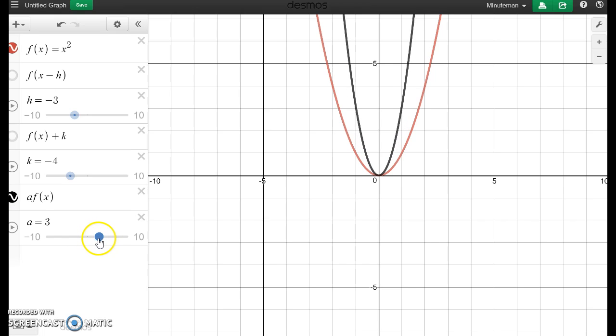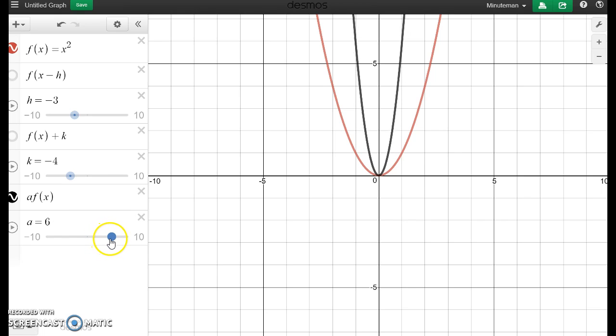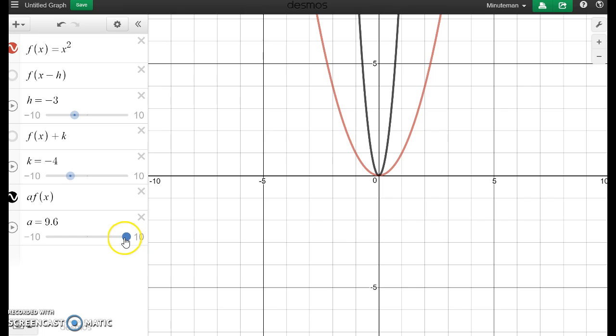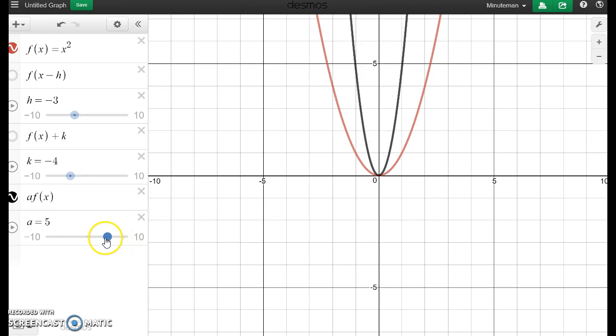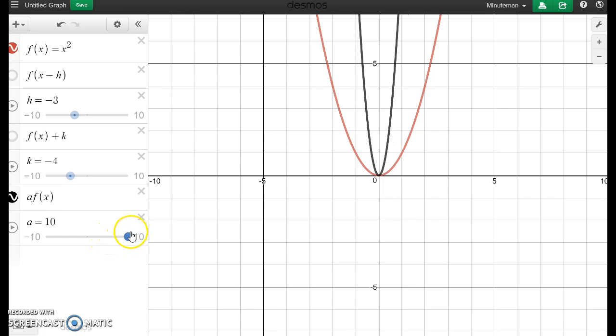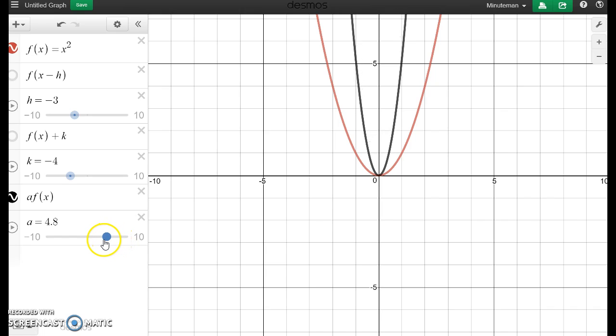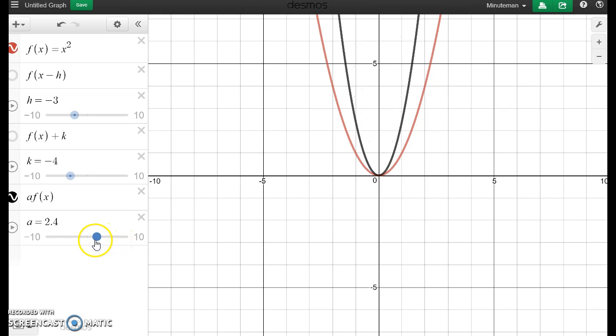Now, if we go and increase a, notice as you increase a, you might describe the graph as getting skinnier, and that's one way of looking at it. Values greater than 1 will make skinnier and skinnier parabolas. But we can also see that at whatever value we're at, we're 3 times more.